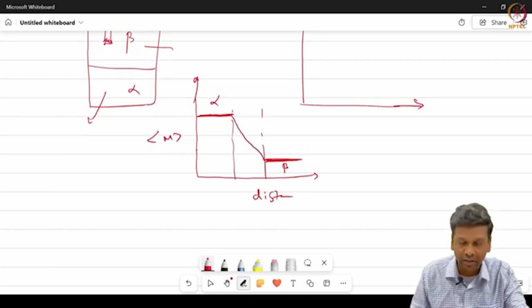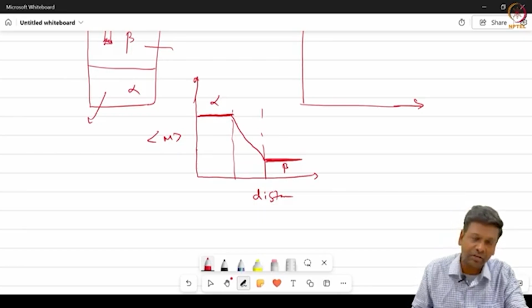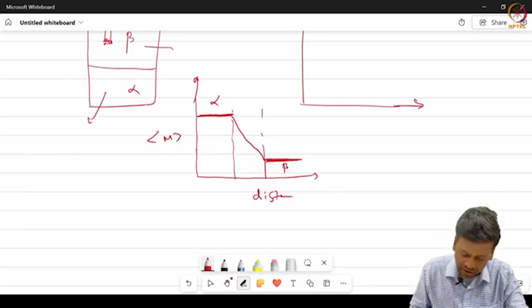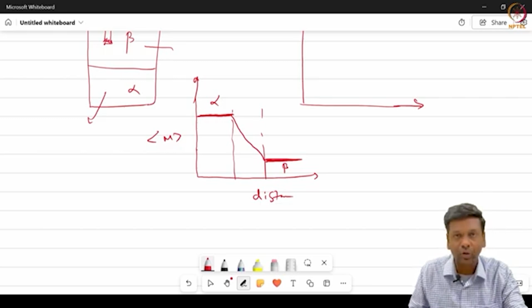So maybe for brevity you can understand that it is linear. In this case you can say for sure that the property near the interface changes drastically, right. Based on this measurement, let's say the distance covered by this probe is tau.